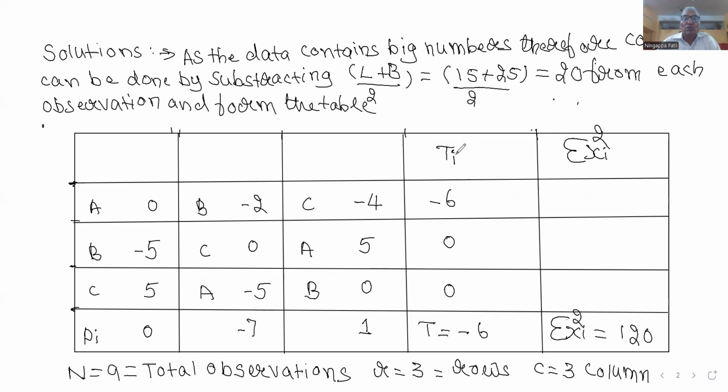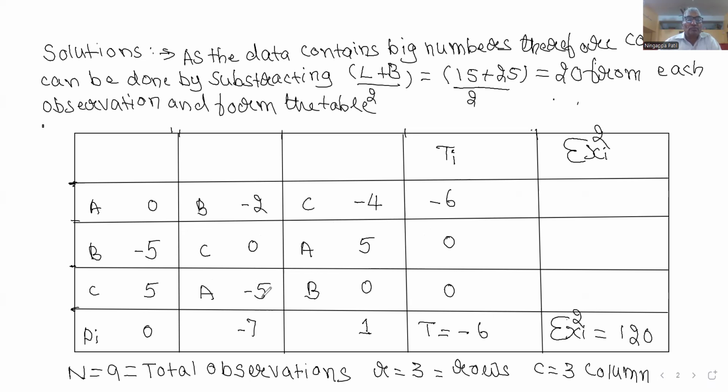Now take one more column, Ti. Ti is, look here, 0 plus minus 2 plus minus 4 equals minus 6. This is the Ti value. Then similarly, minus 5 plus 0 plus 5 is 0, the Ti value.